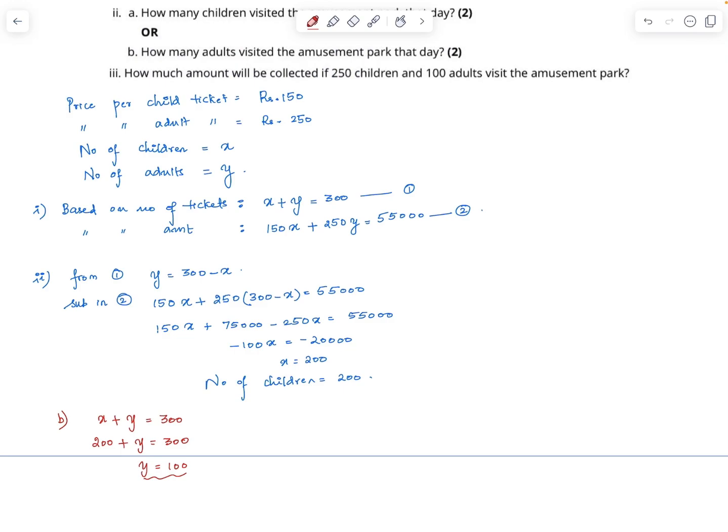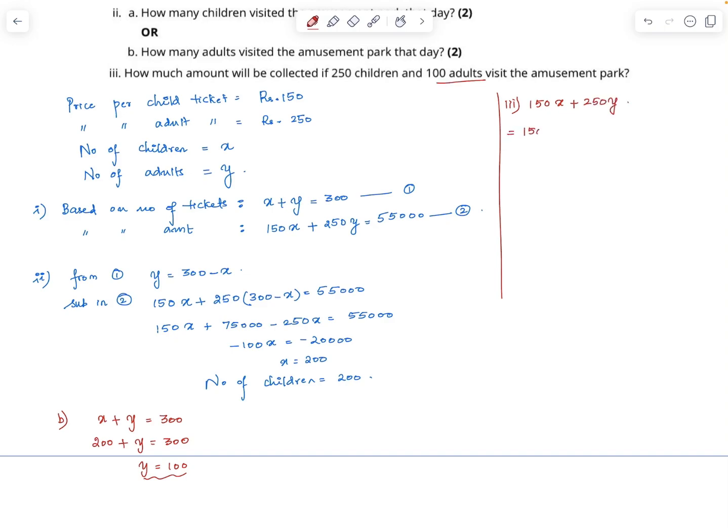Question 3. How much amount will be collected if 250 children and 100 adults visited the amusement park? The equation with respect to the amount is 150x plus 250y.